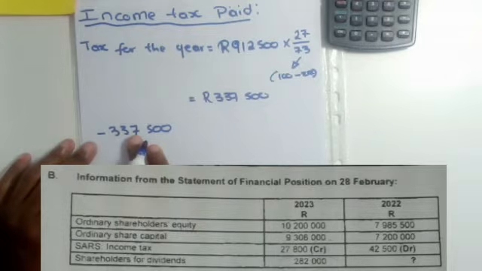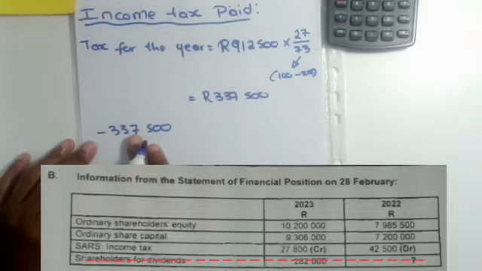So for example, when I look at my SARS income tax in information B, I'm seeing that there's 27,800 for the year 2023. That 27,800 is on the credit side. It shows that out of what I was supposed to pay to SARS, I failed to pay the 27,800. On the credit, it means that SARS is my creditor, meaning I'm owing them that amount.